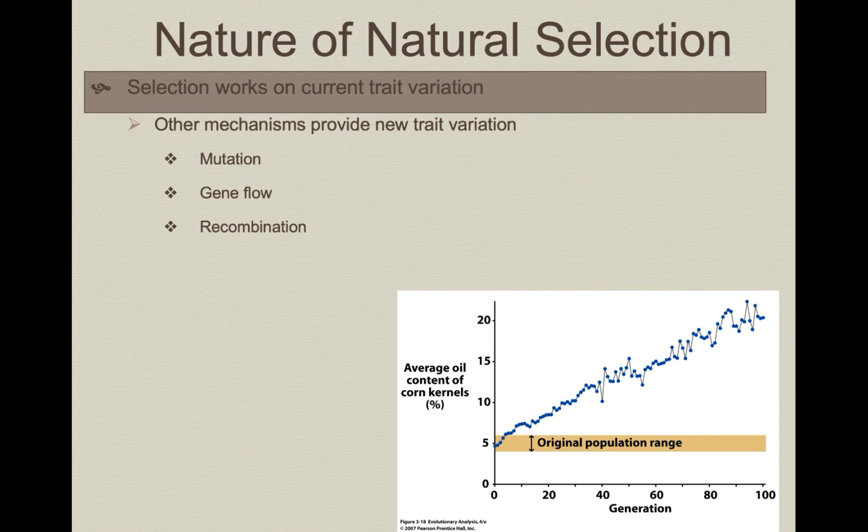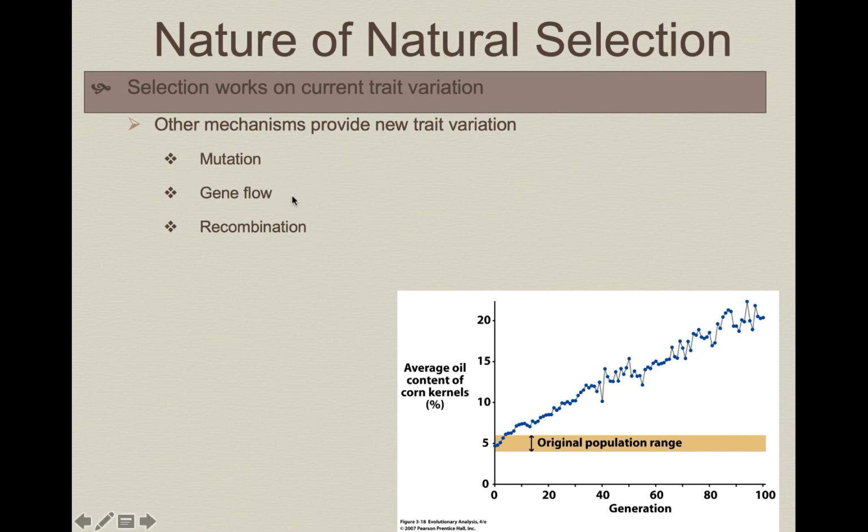If an individual gets a mutation in this study population that gives them higher oil content, well, then natural selection can operate to say, okay, now we have a new landmark, a new marker that is maximizing fitness. This is the new target that is the most adaptive, and so this new mutant gene is going to increase in frequency in the population.